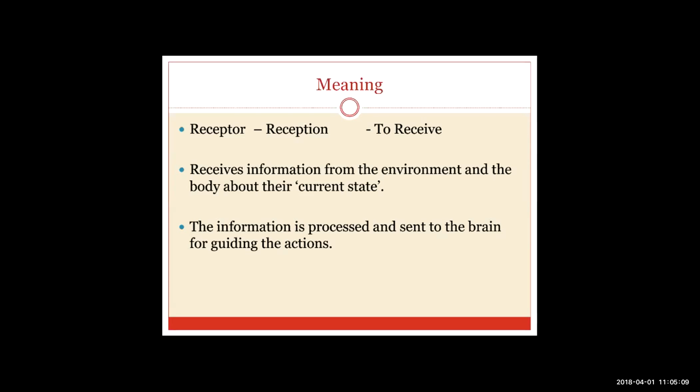The information which the receptor receives is processed before sending to the brain, and the brain guides the actions which are required. Today we will also look at a slightly different way in which receptors function, but primarily our understanding is that receptors provide information to the brain, and the brain uses this information to guide the action.